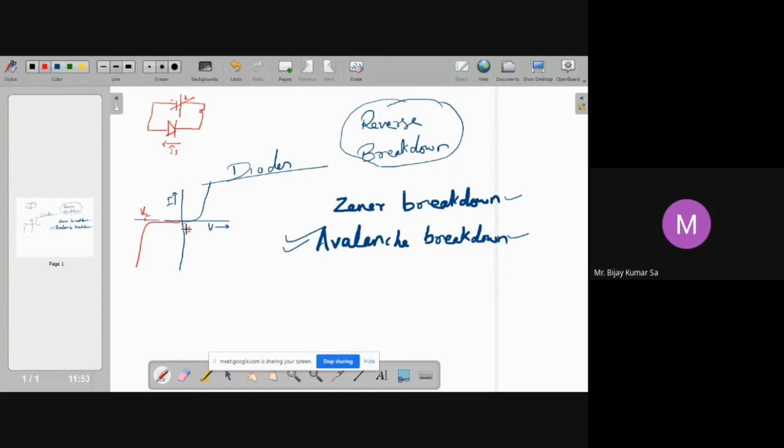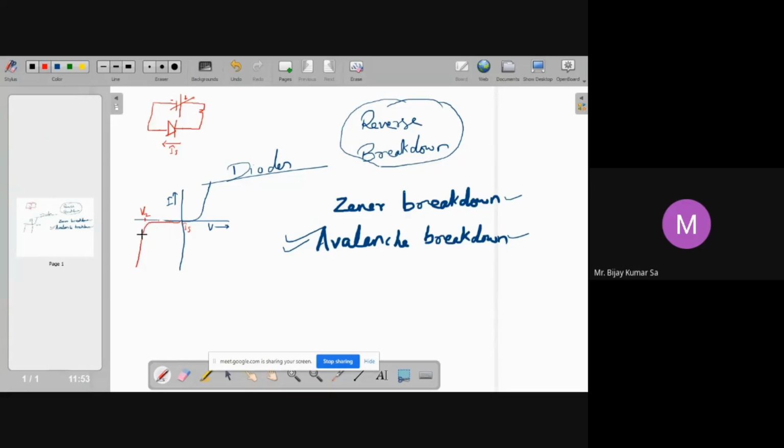It increases beyond IS when the voltage exceeds Vz. The reverse current is no more at the saturated value IS.